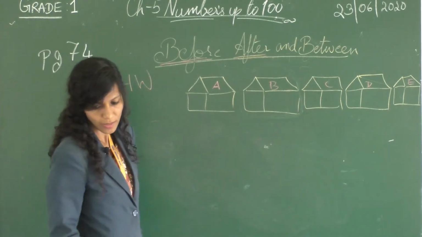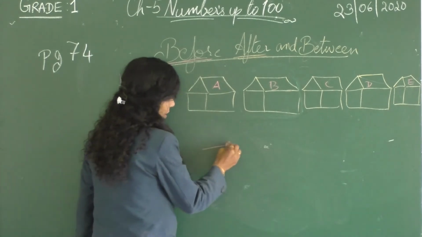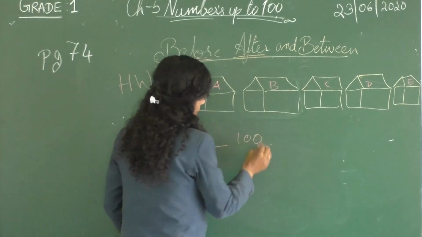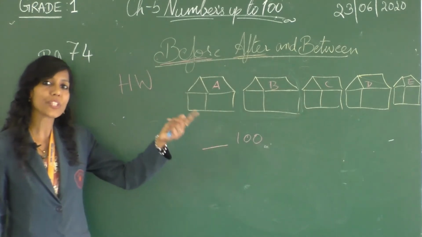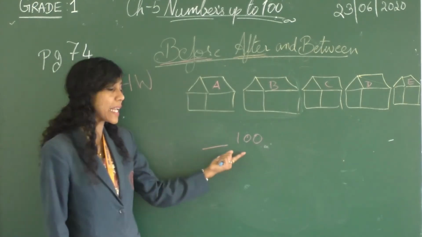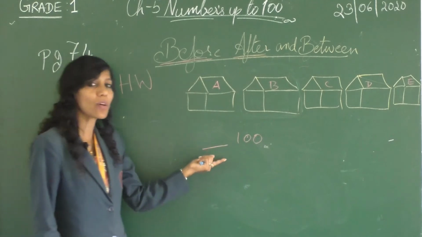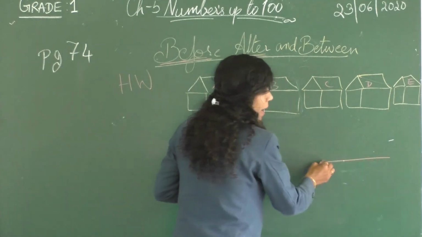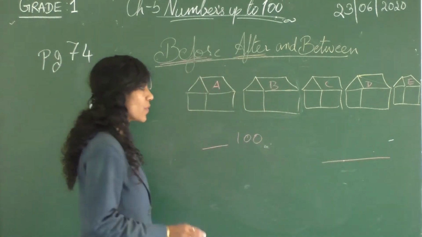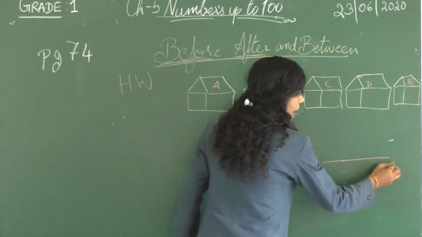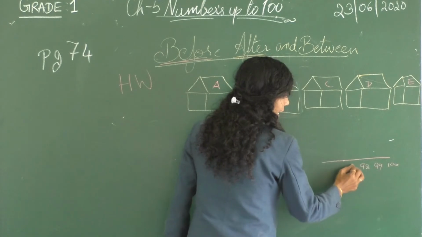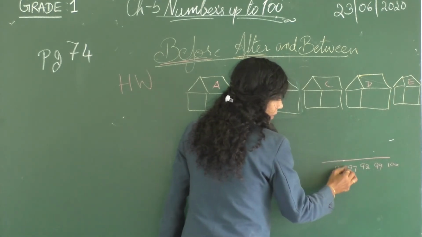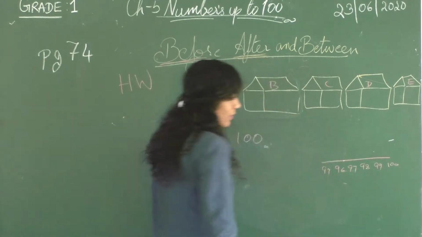So first one, write the number that comes just before the given number. So before, you do backward counting: 100, 99, 98, 97, 96, 95.